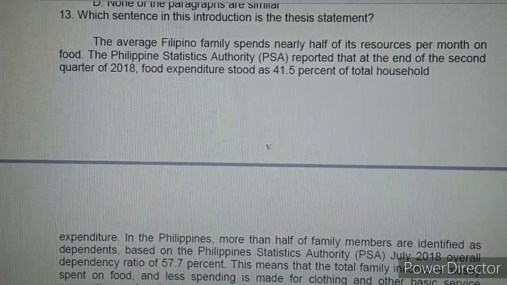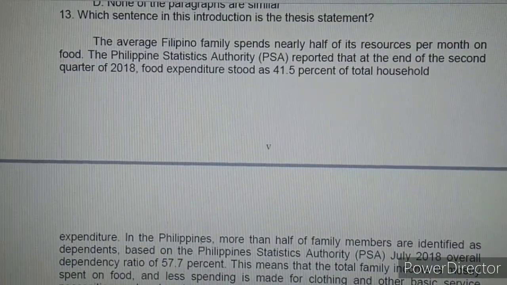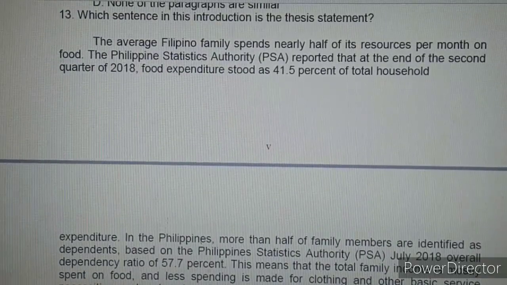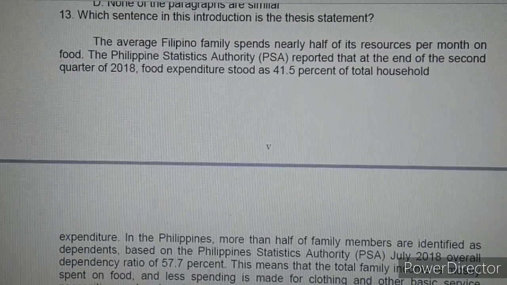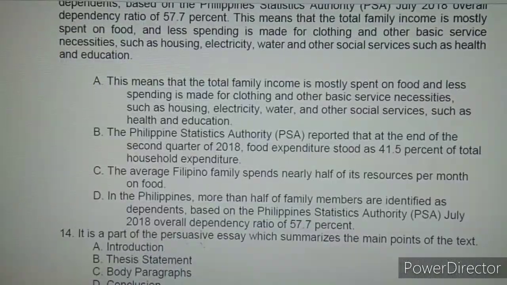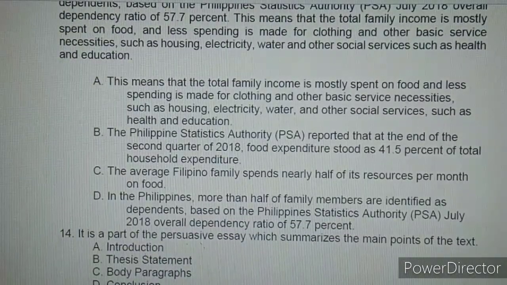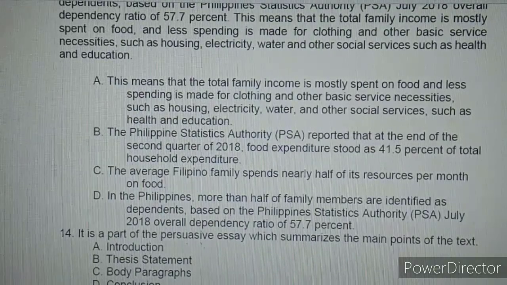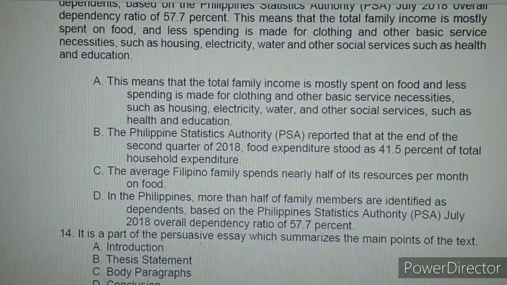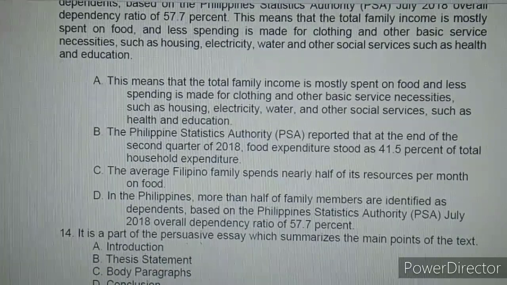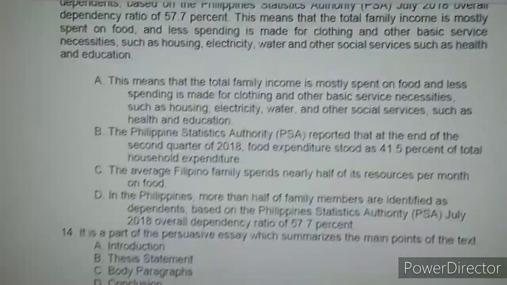In the Philippines, more than half of family members are identified as dependents, based on the Philippine Statistics Authority, or PSA, in July 2018, overall dependency ratio of 57.7%. This means that the total family income is mostly spent on food and less spending is made for clothing and other basic service necessities such as housing, electricity, water, and other social services such as health and education.